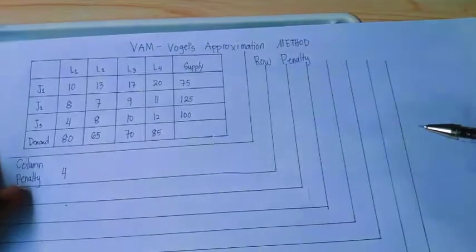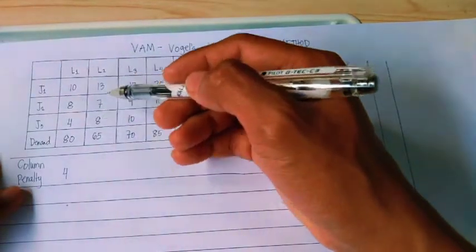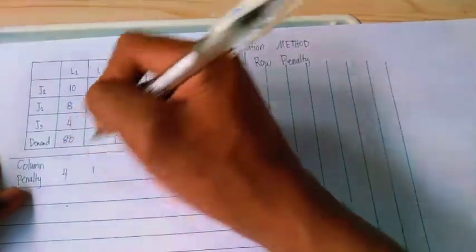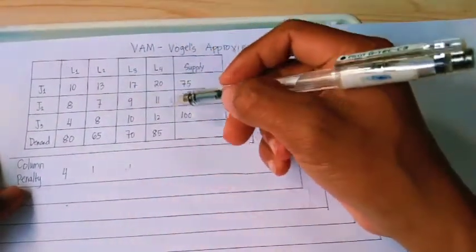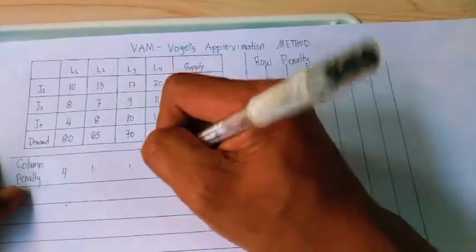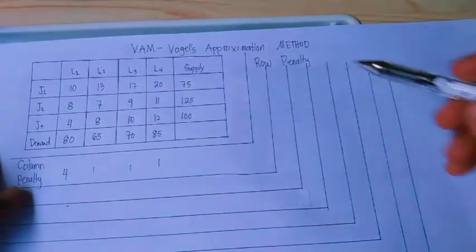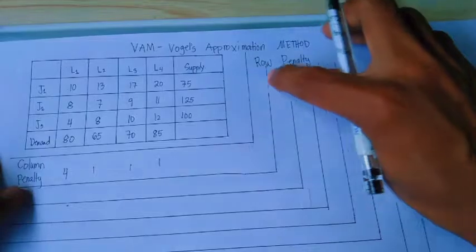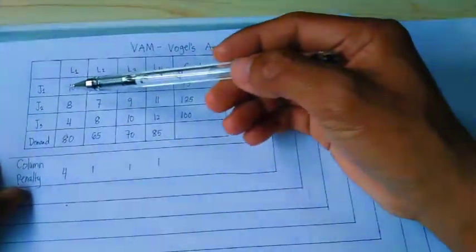Next row, the least elements are 7 and 8. So 8 minus 7 is 1. 9 and 10 is equal to 1. 12 and 11 is equal to 1. In the column, the least elements are 10 and 13.